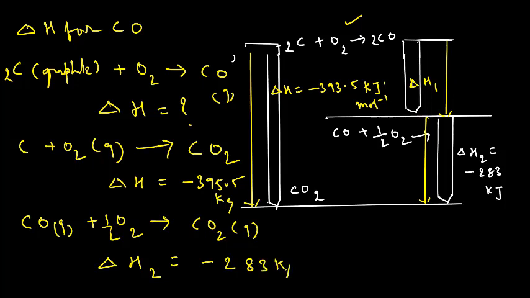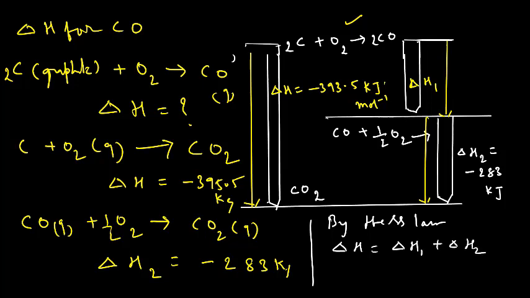Now according to Hess law, delta H is equal to delta H1 plus delta H2. So delta H, how much here? Minus 390.5 is equal to delta H1, which we have to find, plus delta H2, which is minus 283.5.